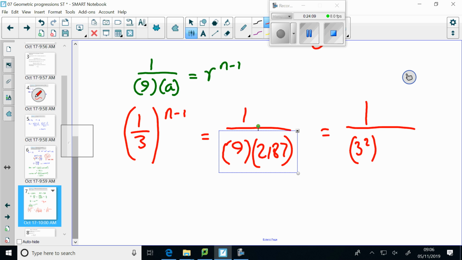How can you find out? 3 to the power 7 is 2187.